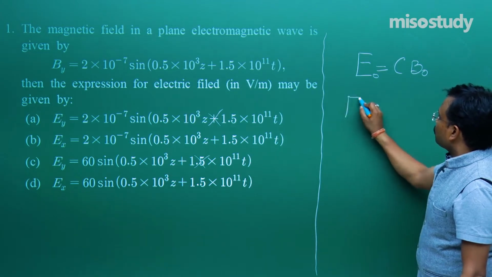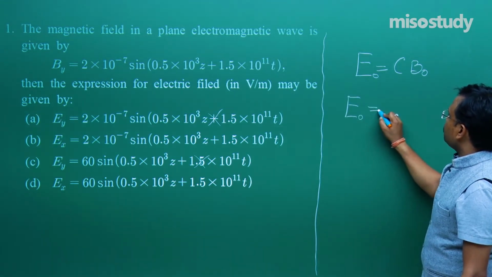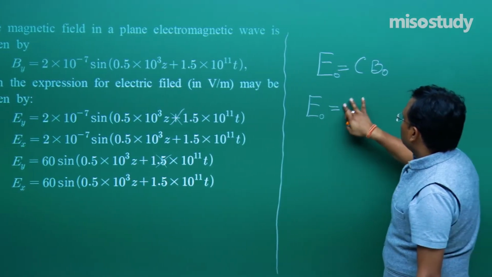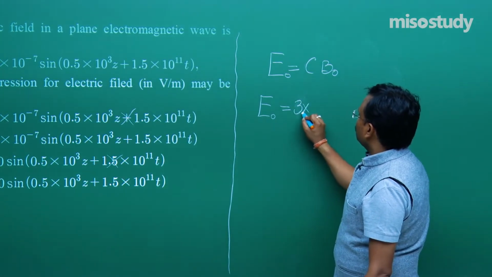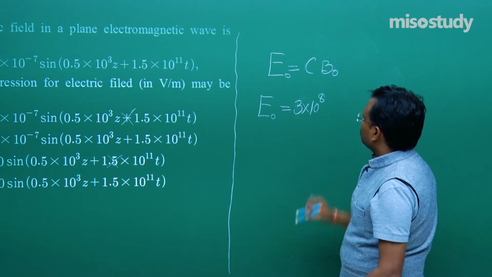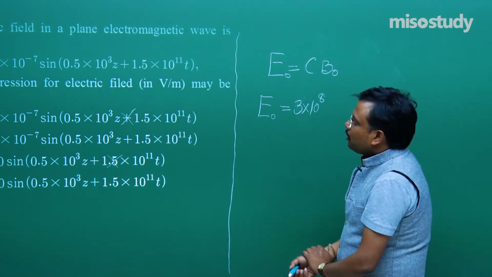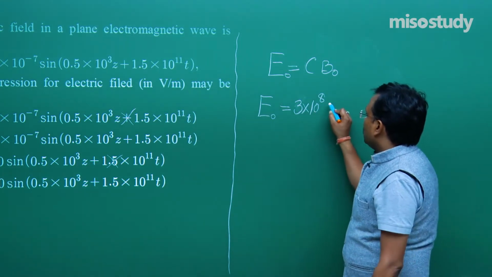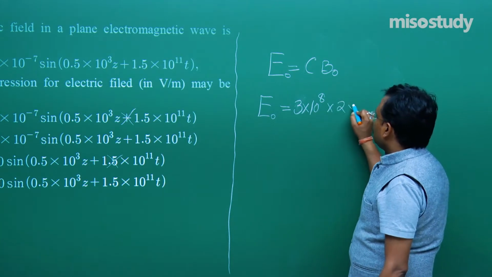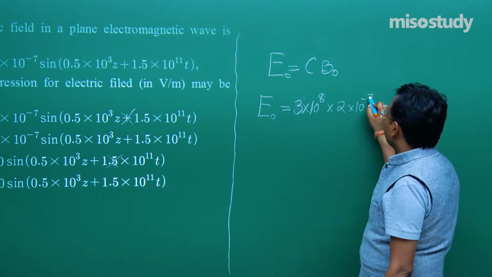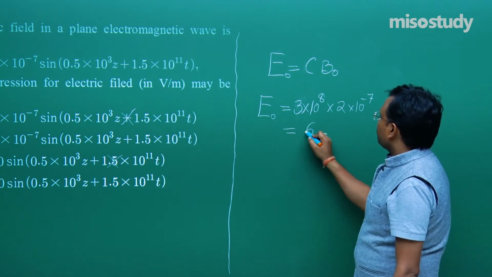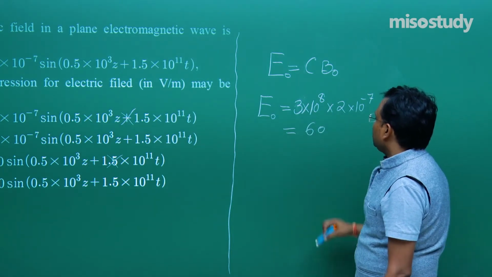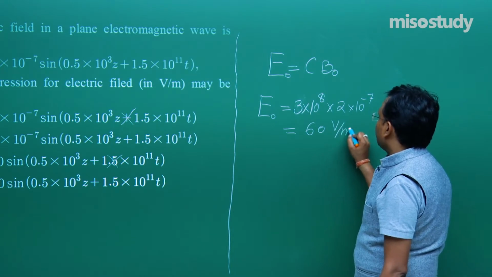Let me put the values: C is 3 into 10 to the power 8, and B naught is given in the problem as 2 into 10 to the power minus 7. So what you will get is 3 into 2 multiplied by 10, that is 60 volt per meter.